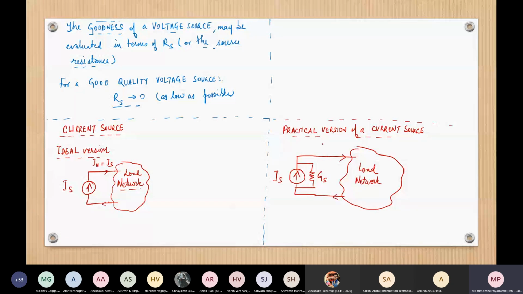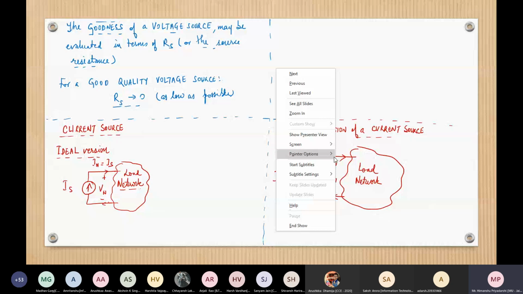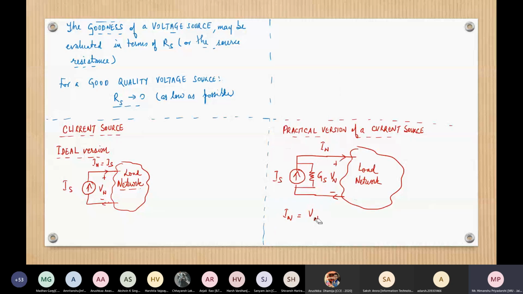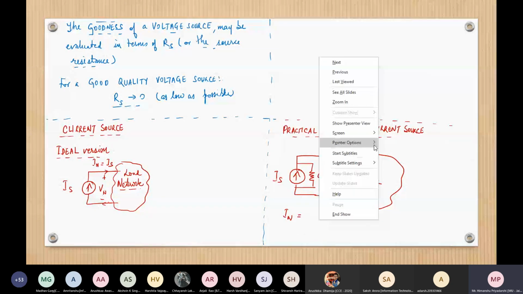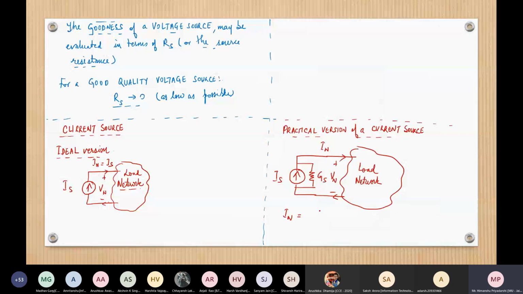I network, I network will be equal to, sorry, I network will be equal to IS minus VN GS.